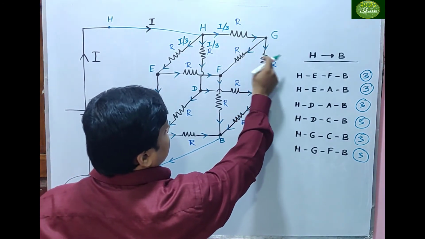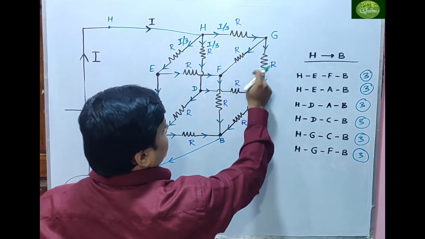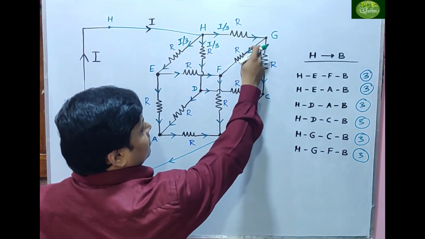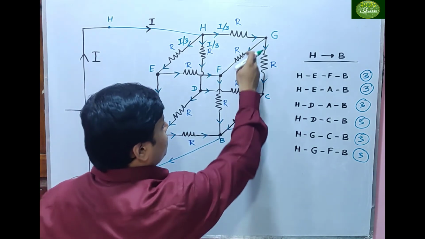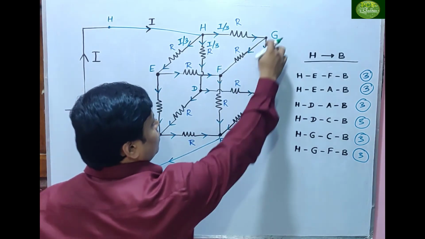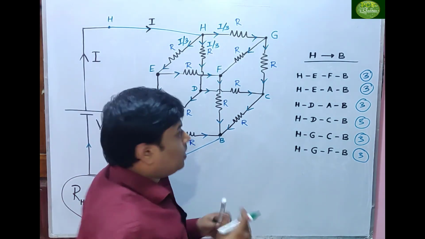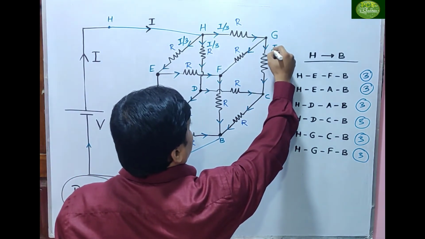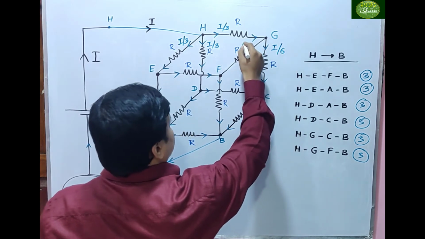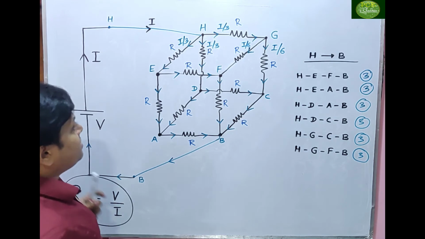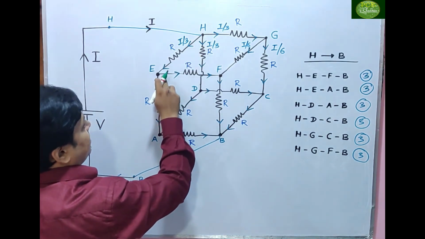This I by 3 is divided. To come to B, how many edges do I have to cover? 1, 2. From here also 1, 2. It's also equal. So this will be I by 6, this will be I by 6 current.